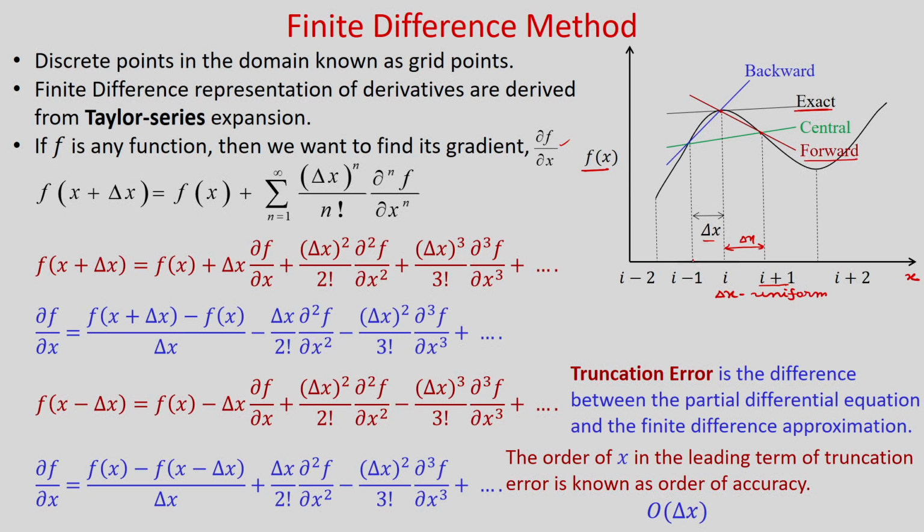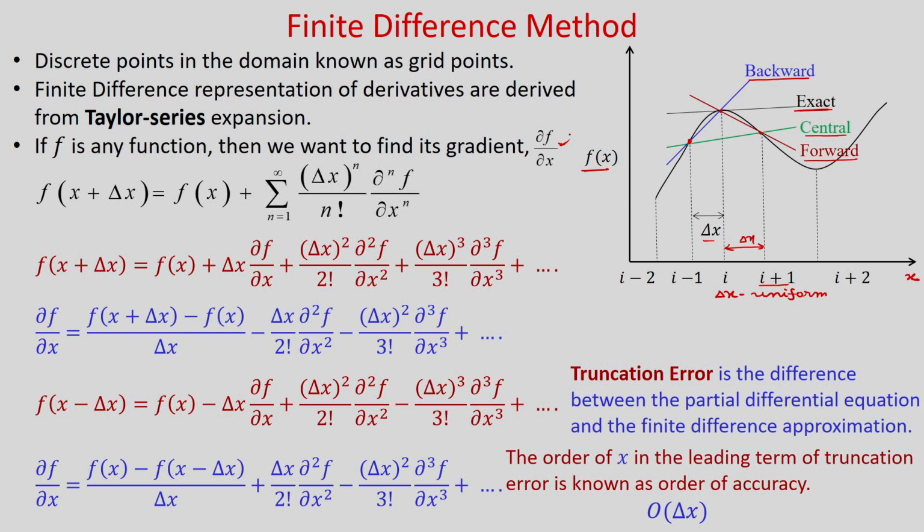If you use one backward point, so we want to find del f by del x at this point, and we use another point at i minus 1, which is your backward point, then if you join these 2 points, you will get the backward approximation. If you use one forward and one backward point and join them, you will get the central approximation to find the derivative.